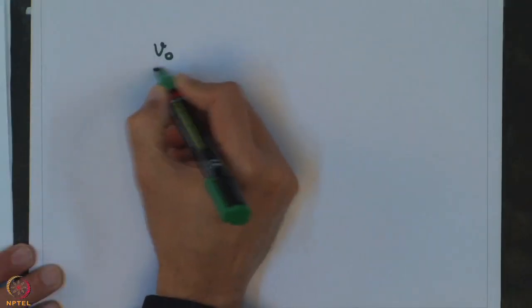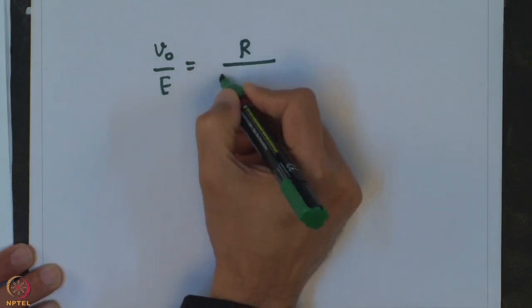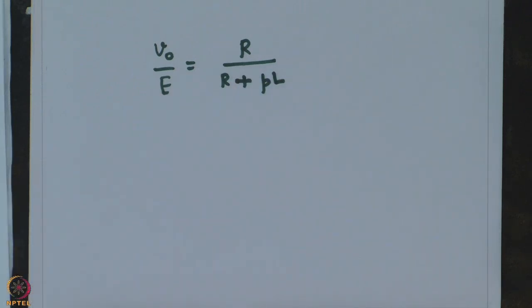Let us say we are interested in knowing how the output voltage VO across R varies as a function of E. Using the potential divider, I can straight away write VO by E is equal to R over R plus PL, where PL represents the inductive impedance of L.